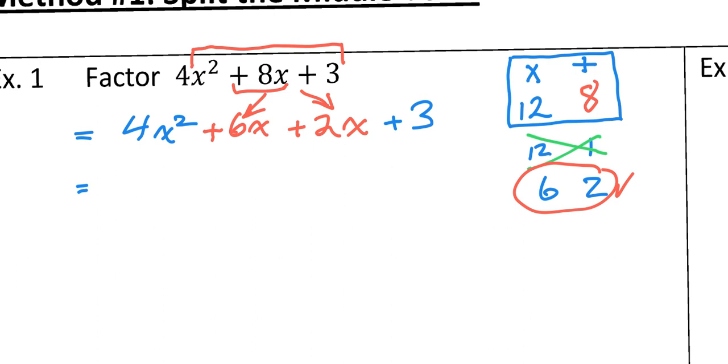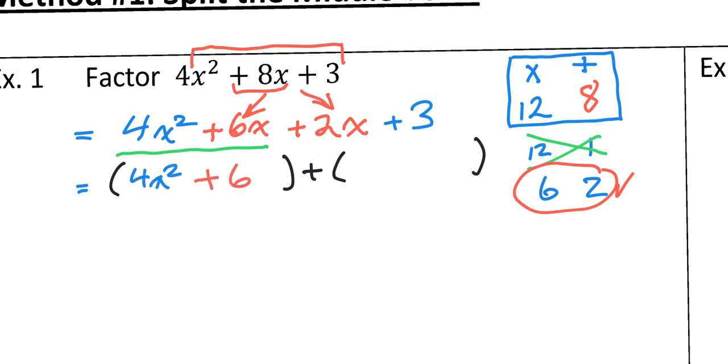We're going to have a bracket here, a plus, and a bracket here. What goes into the first bracket is everything for the first half of the equation: 4x squared and then plus 6x. And for the second half, we're going to have plus 2x and then plus 3.